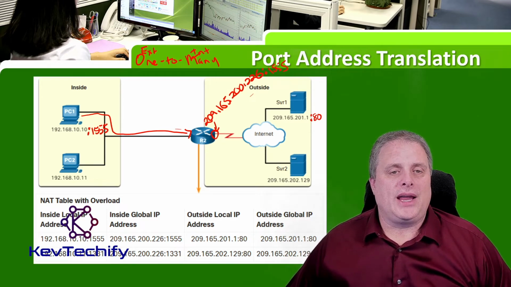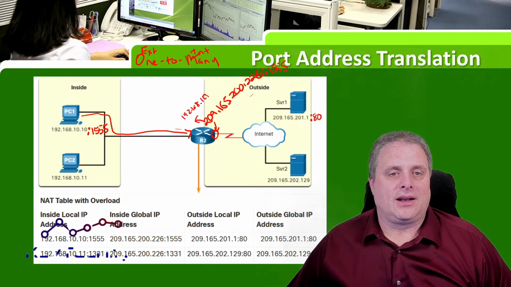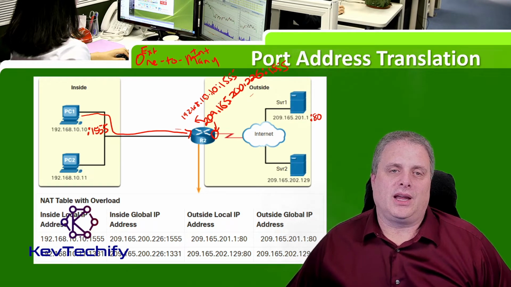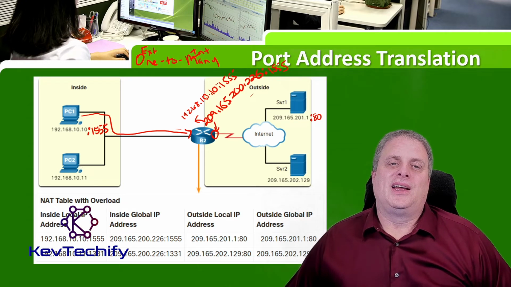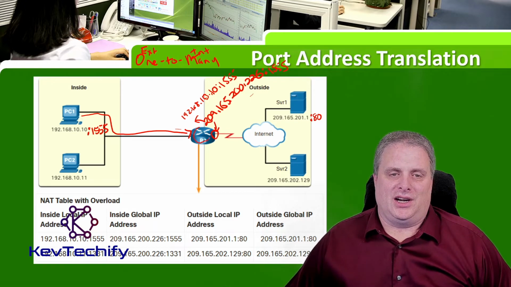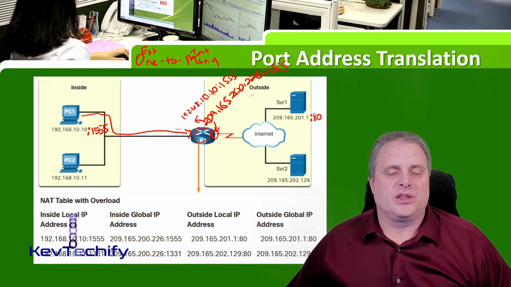And so it translates that destination IP address back into 192.168.10.10 with the port number of 1555. And so it does the translation between those using the port number.